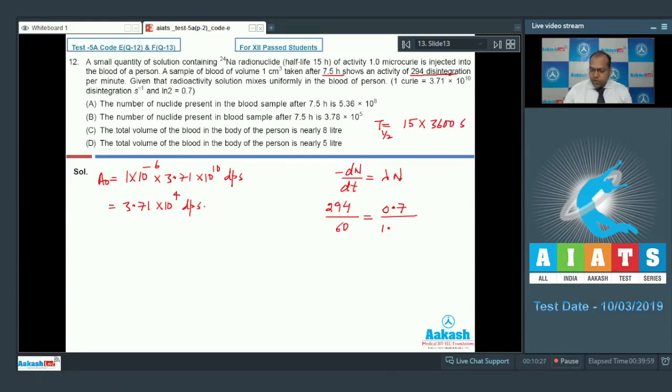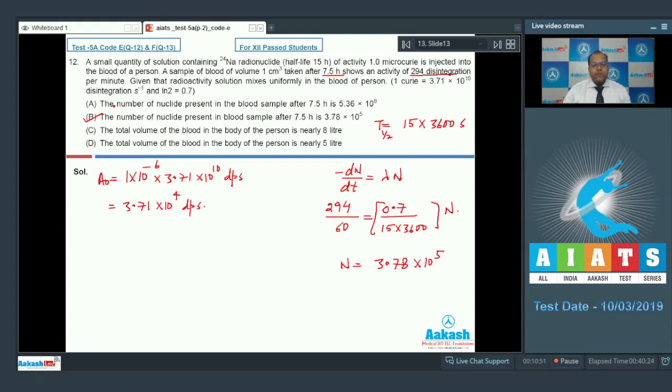If I substitute the value of t half here, then N indicates the number of radioactive nuclei in the blood sample after 7.5 hours. So the value of N on solving comes out to be 3.78 into 10 raised to the power 5. So option B is correct and A is wrong.